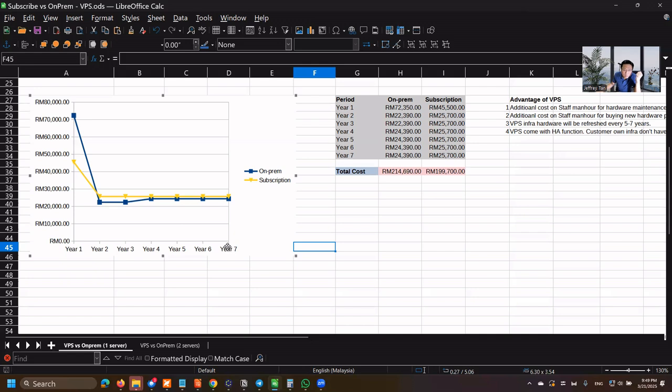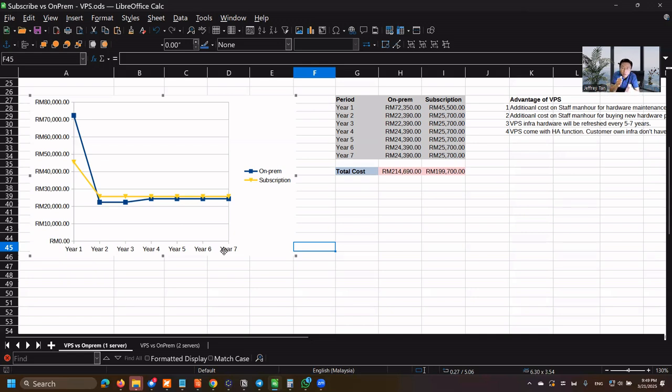Okay, the next thing is why we put 7 years. Why not more than 7 years? Here comes another point, one piece of information. The lifetime of a server is usually about 7 years. When you buy a new server and put it in your office, you will use it for a period of time.